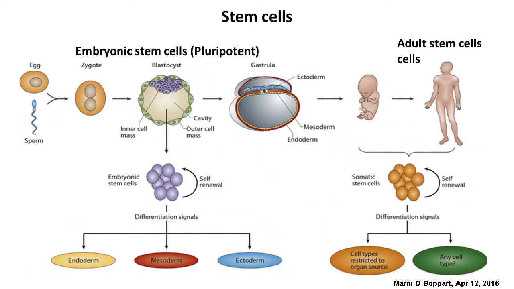Embryonic stem cells have the potential to differentiate into all the cells of the germ layers, whereas adult stem cells are less flexible and can differentiate into a limited number of cell types. And therefore, embryonic stem cells are at the forefront of modeling and studying various diseases, as well as cell-based therapies for regenerative medicine.